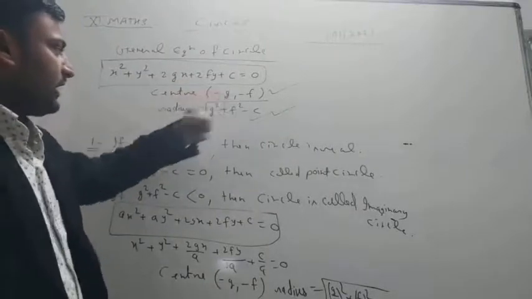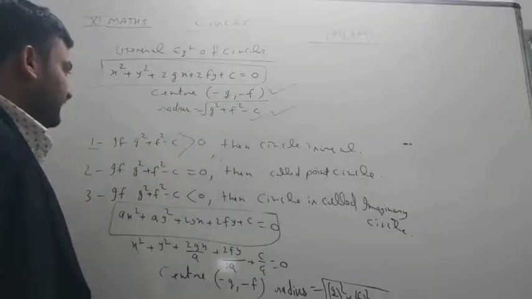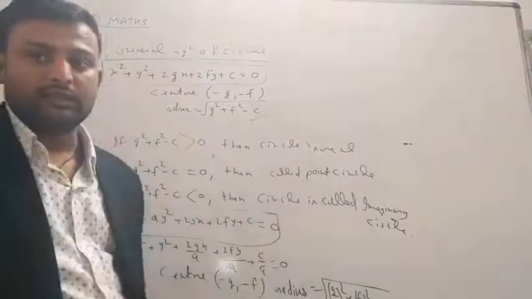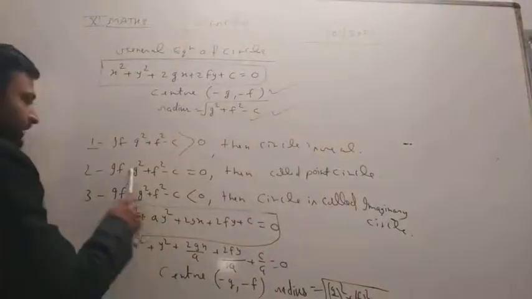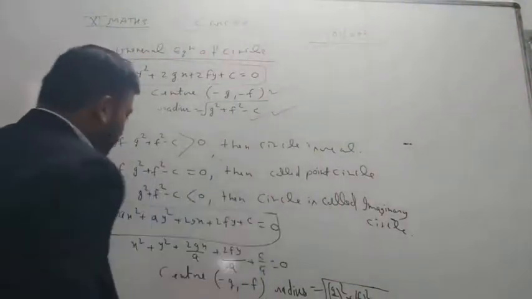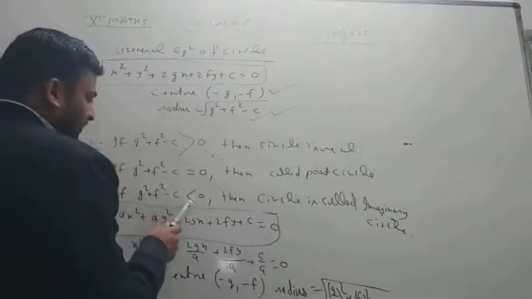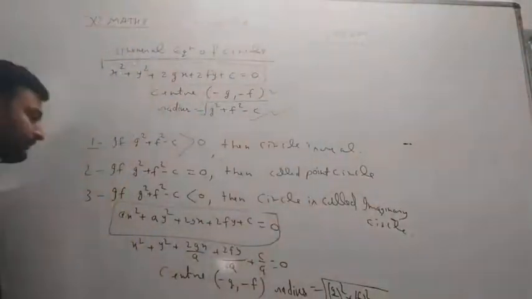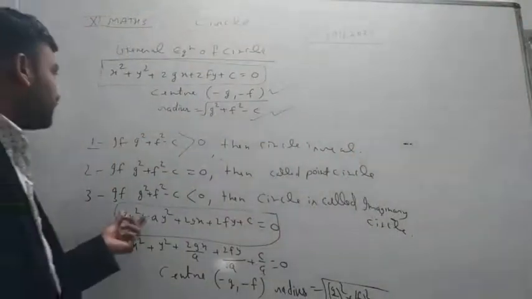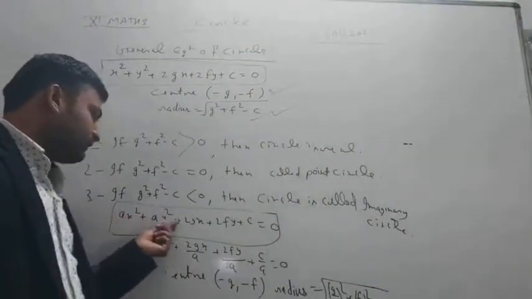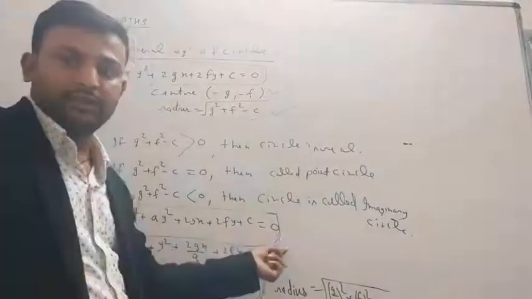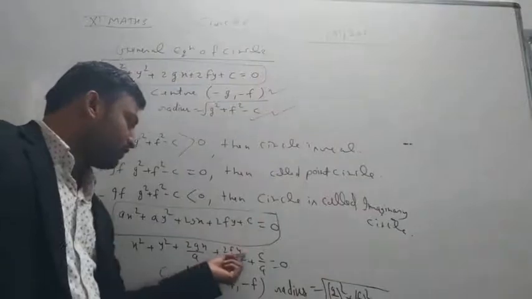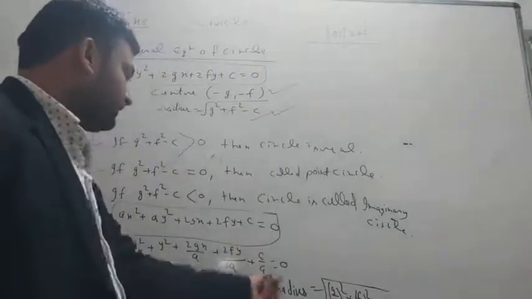Its center is minus g, minus f and radius is this, and if our radius is greater than 0, then the circle is called real circle, and if radius is 0, then the circle is called point circle. If g square plus f square minus c is less than 0, then the circle is called imaginary circle. Okay, and if our circle is in the form ax square plus ay square plus 2gx plus 2fy plus c is equal to 0, then x square plus y square plus 2g by a x plus 2f by a y plus c by a is 0.